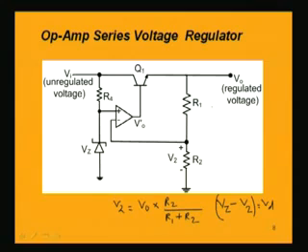The same analysis can be done in a similar fashion, because if V0 is now decreasing, V2 is decreasing, so the differential input will now be increasing, V0 dash will be increasing, so V0, which is equal to V0 dash, will again increase. That means it will be maintained at the constant value.